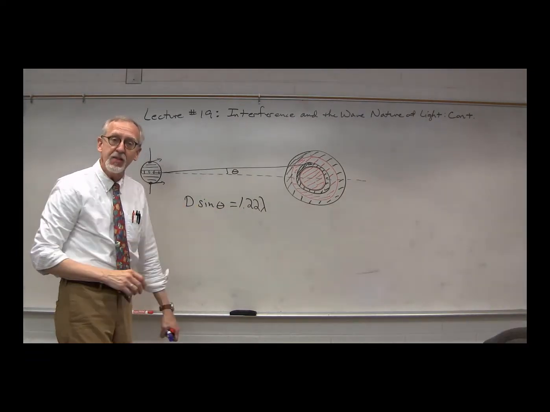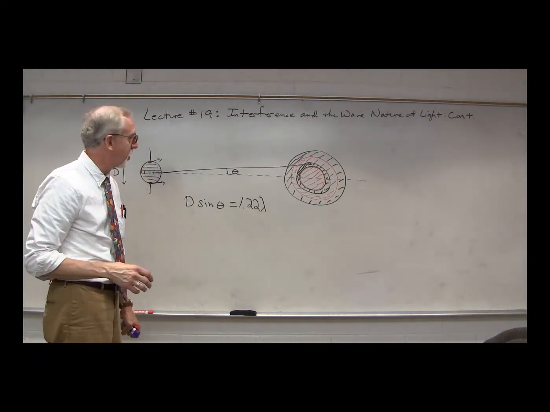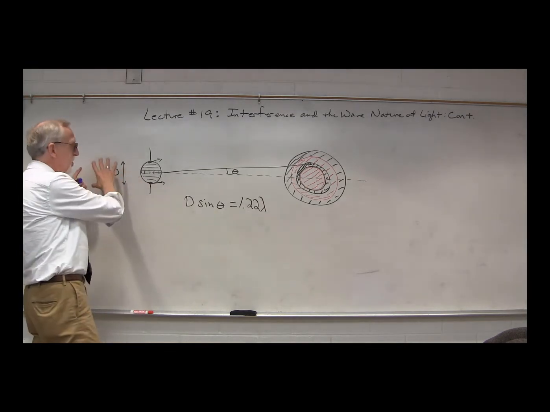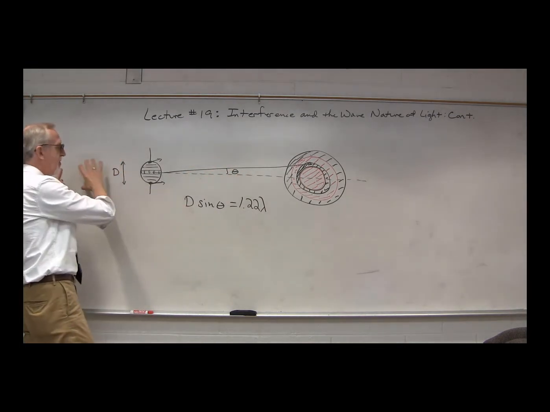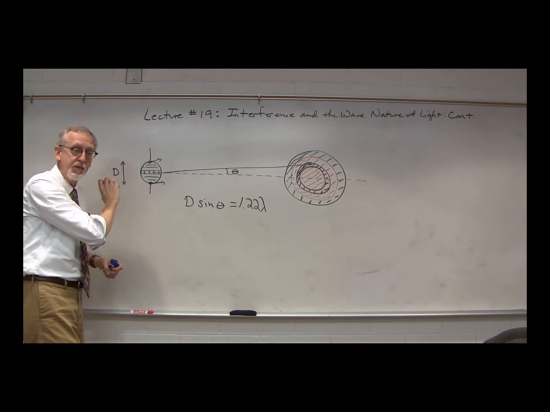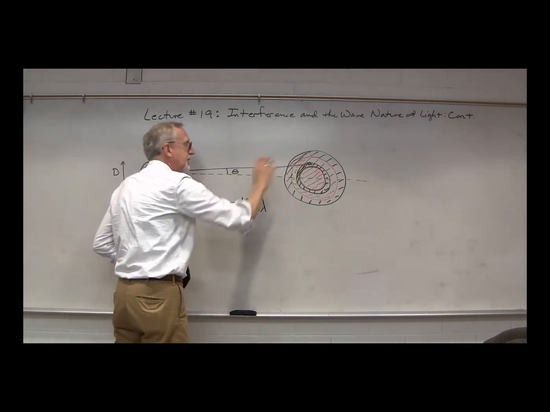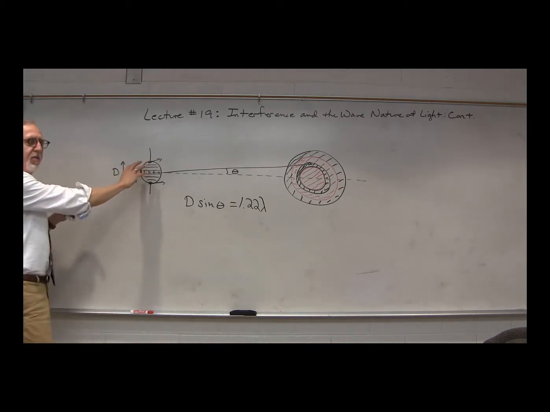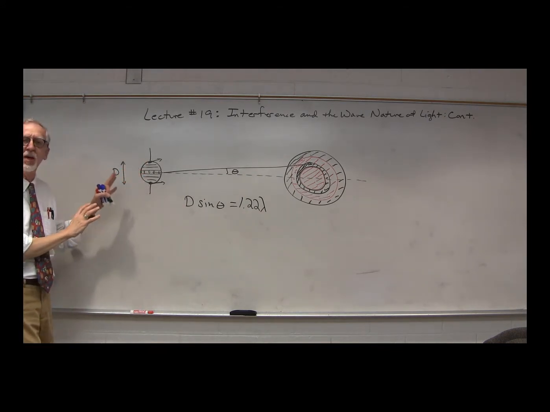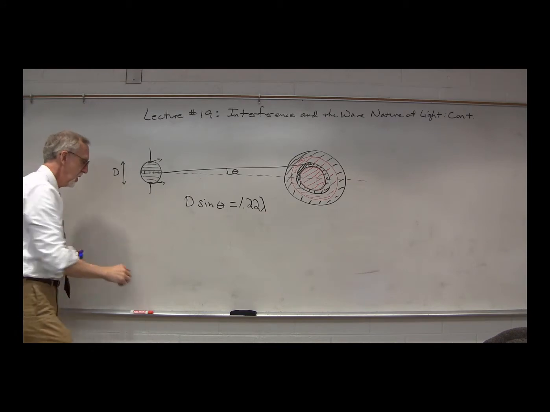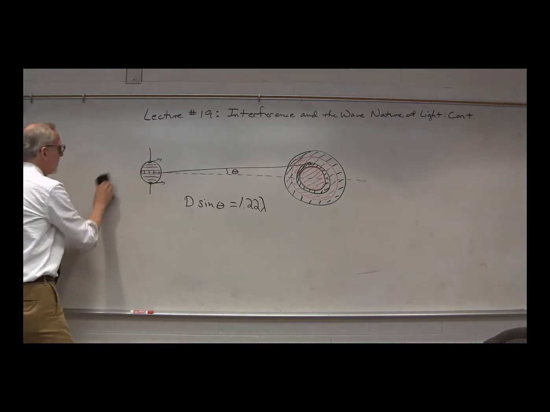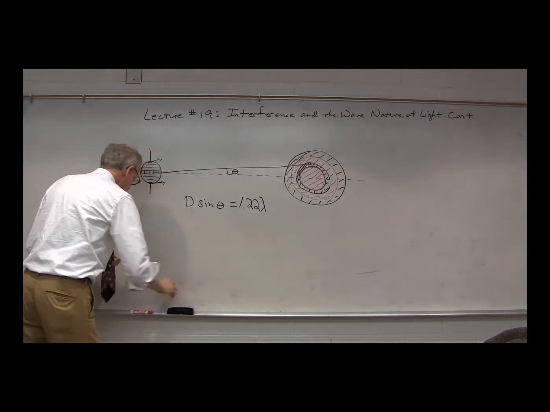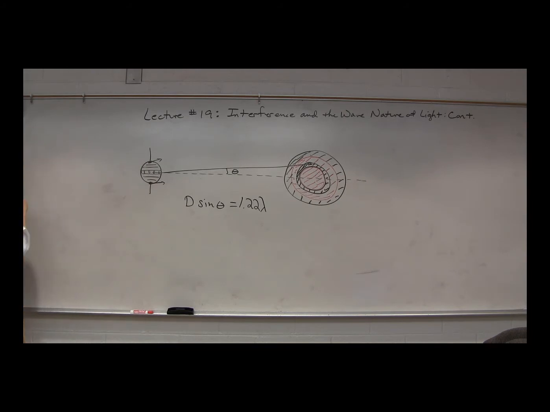Let's try to apply this to a particular kind of problem. Remember, this is what we get when we have a source of light coming through a round aperture. It creates this diffraction pattern. Now let's imagine we have, rather than two openings, two sources. So over here, let's imagine we've got two sources of light.